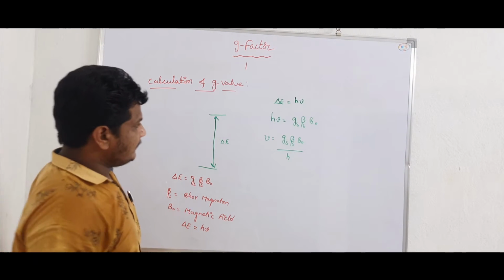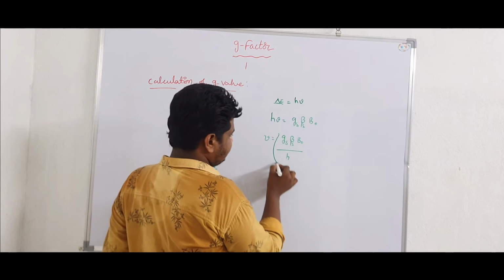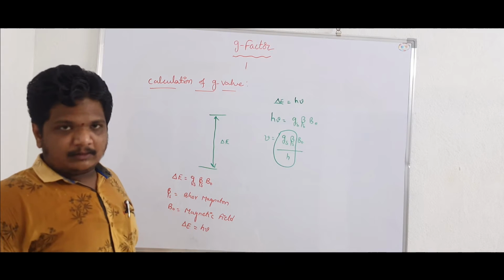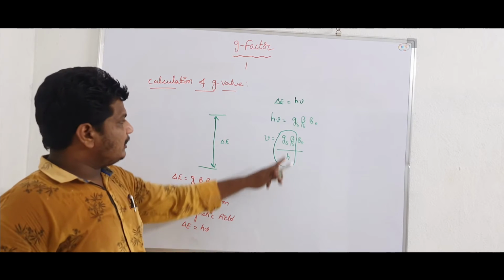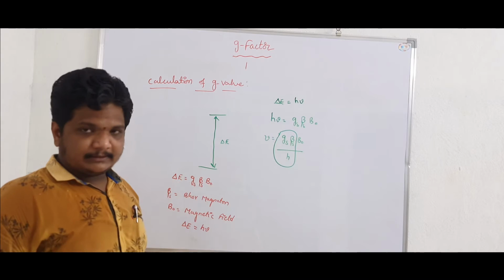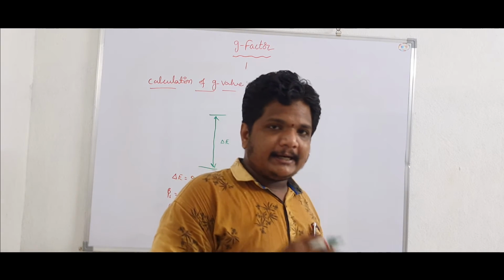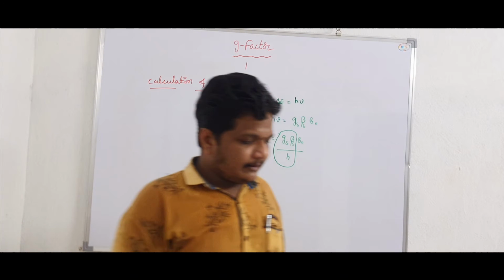In the case of a single unpaired electron, for a free electron, the value of Gs beta S by h is equal to 28,000 megahertz per Tesla.